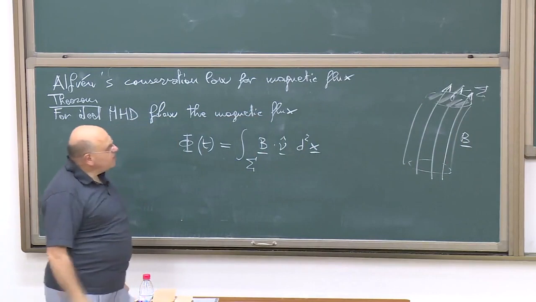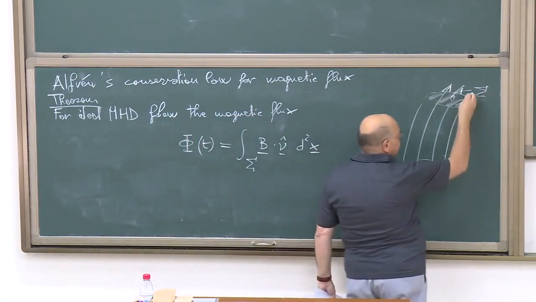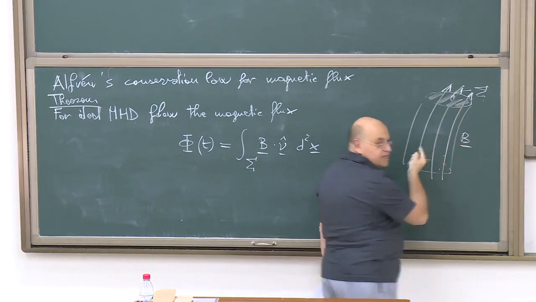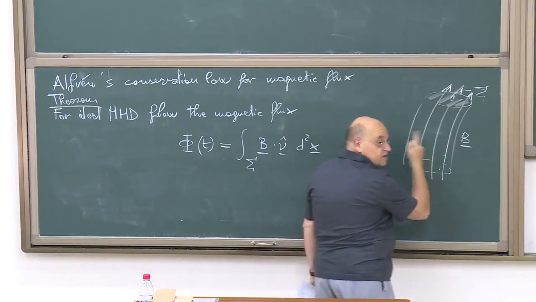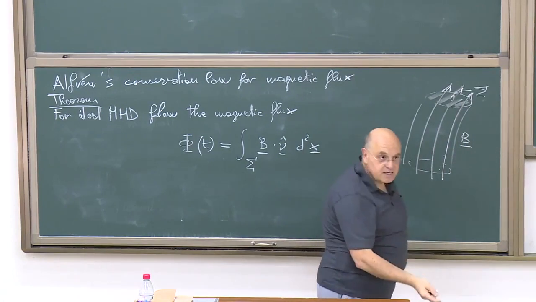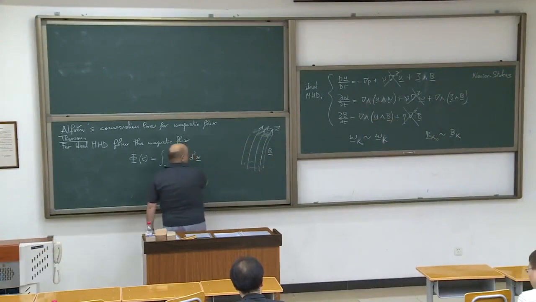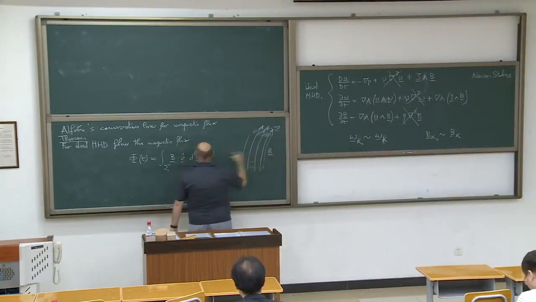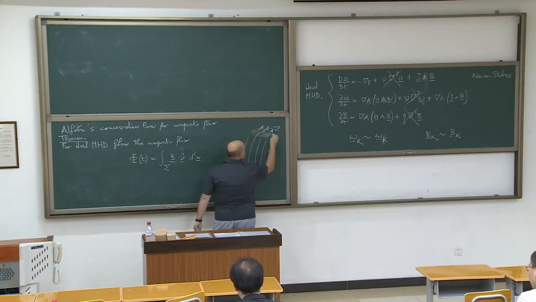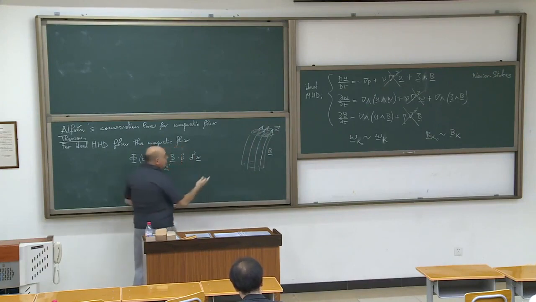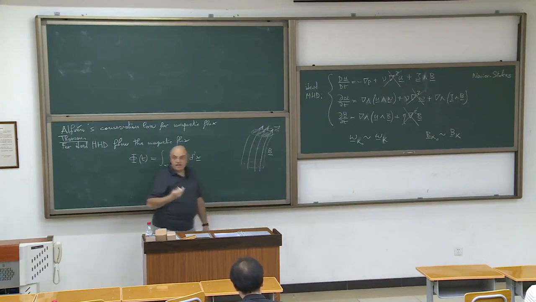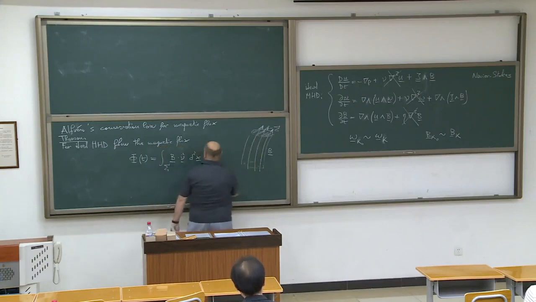If I assume that these field lines make up the cylindrical surface of this tube, for simplicity, then by assumption I have no field lines going through it, so this won't contribute to the flux, and I will have only the contribution through the cross-section sigma of the tube. If we keep this example as a guideline, then we understand very well what the flux is: the contribution of the field through a surface.